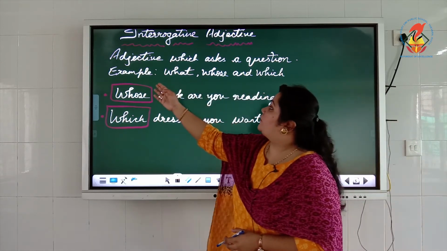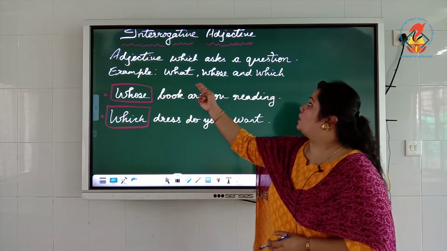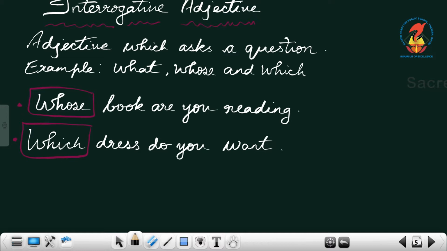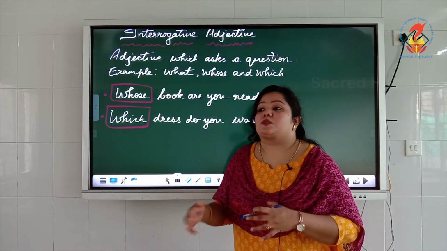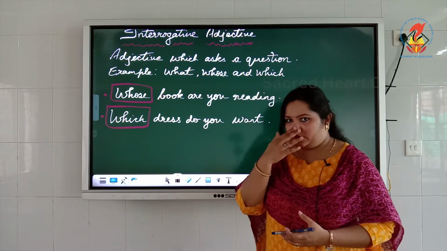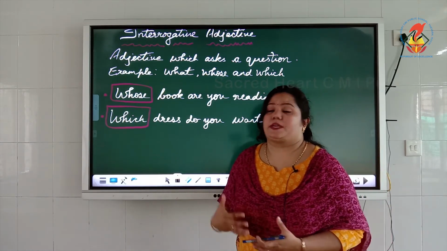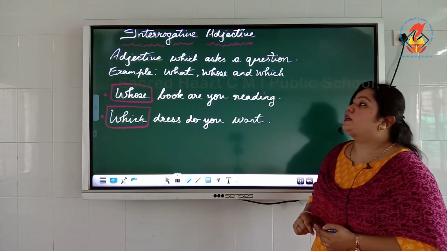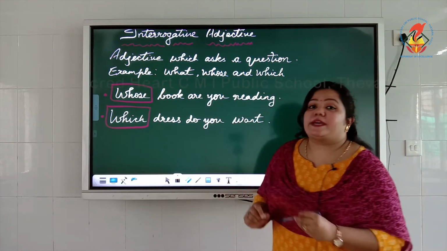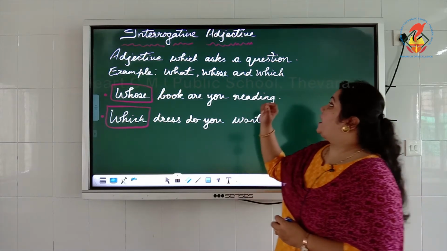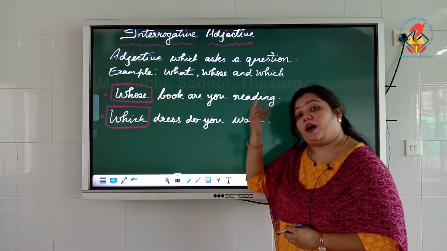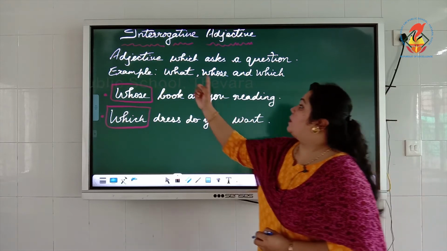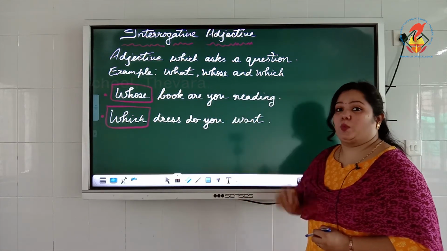And examples of interrogative adjectives are what, whose and which. When these words are included in any sentence, we understand that it is related to asking questions. Alright, while we question someone or something, we use what, whose and which. So interrogative adjectives are adjectives which are used to ask questions. And examples are what, whose and which.